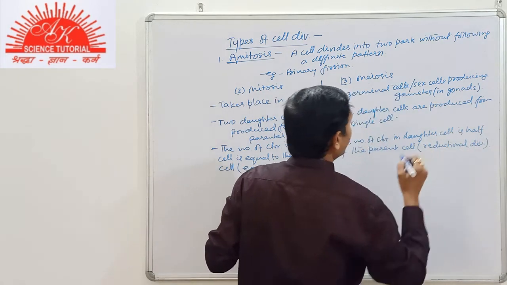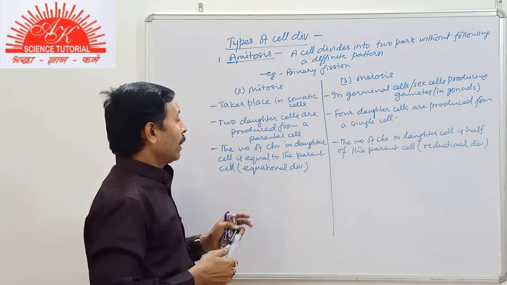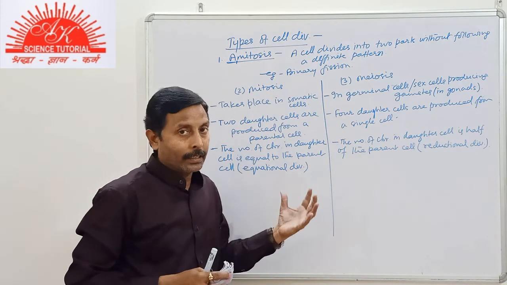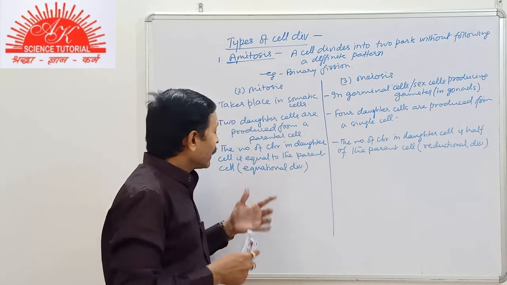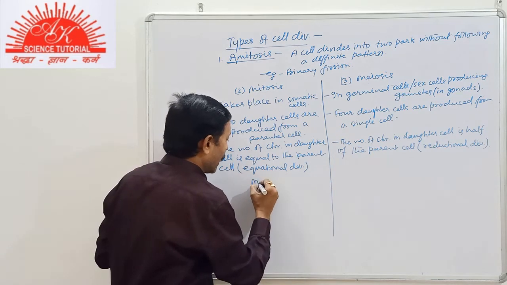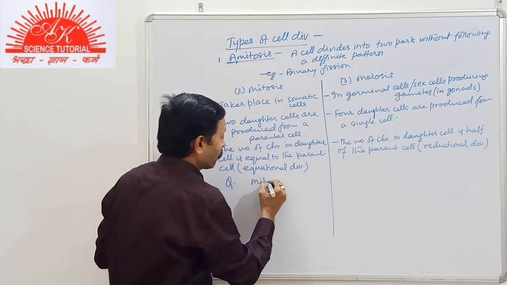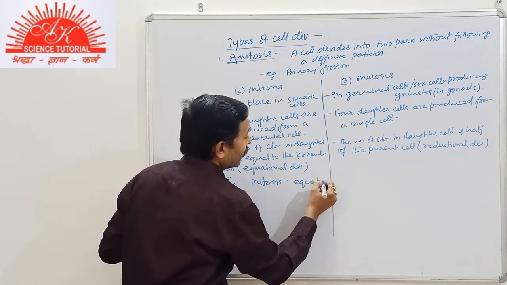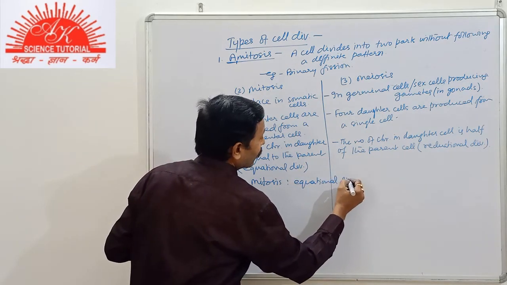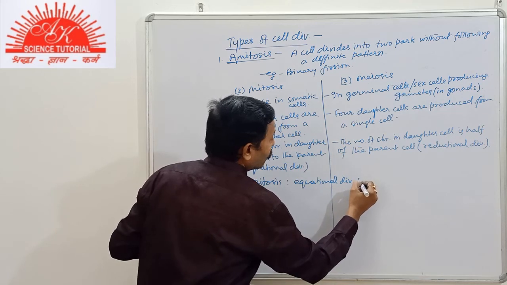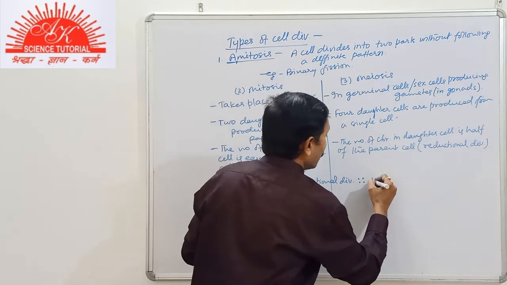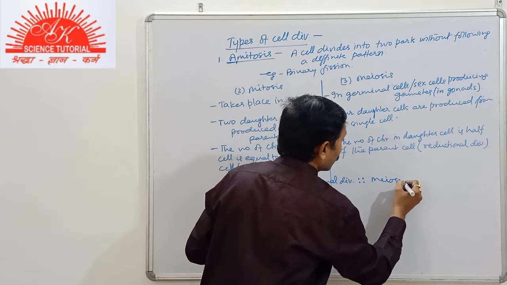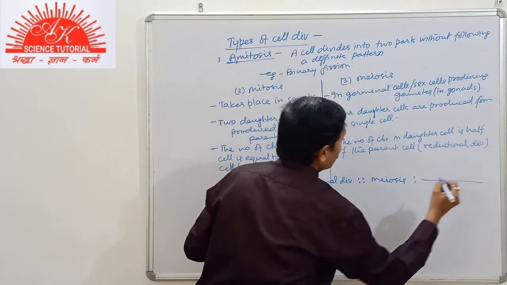Sometimes a question is asked to students to compare, and the question is written like this. Suppose this type of question is asked: mitosis is to equational division, proportion sign, then meiosis is to dash.